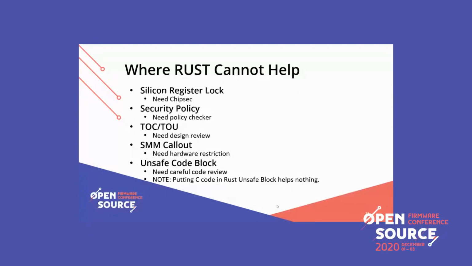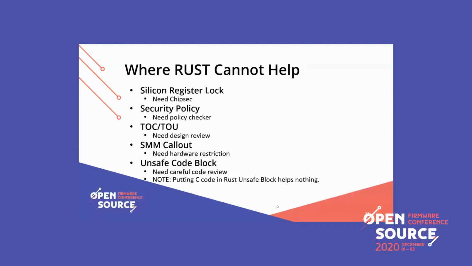TOC/TOU attack prevention in the SMI handler is a software pattern. We need to copy the SMI communication buffer into SMRAM and process it. We also need to rendezvous all APs in SMM before the SMI handler unlocks a critical register. Those are also out of the language's perspective. A careful secure design is required.